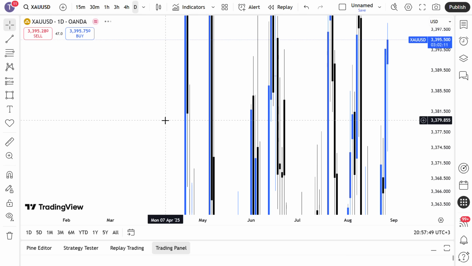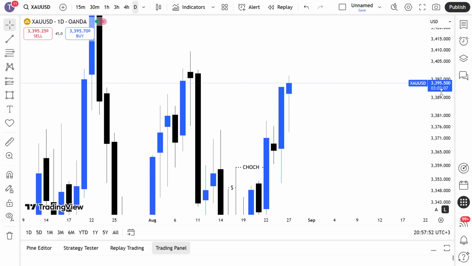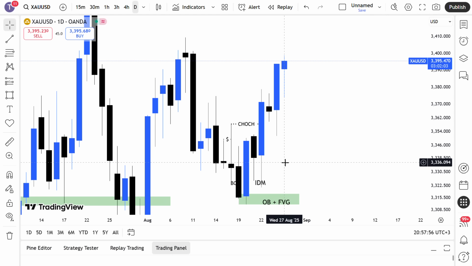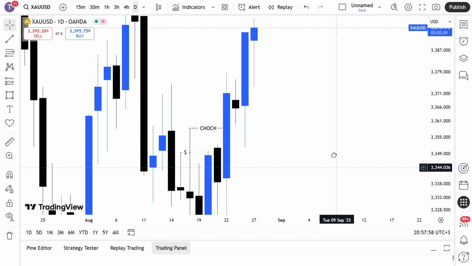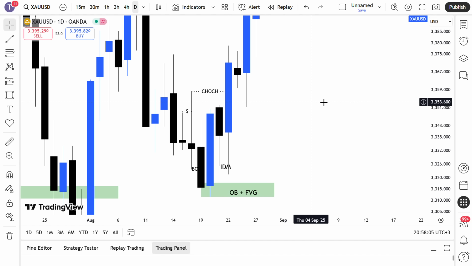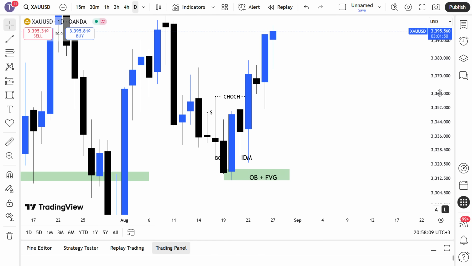On the daily, I noticed that gold is trying to cover all the fair value gaps that it is leaving behind. And we had our analysis, we had the change of character, and I told you guys that we should be looking for buys on gold.